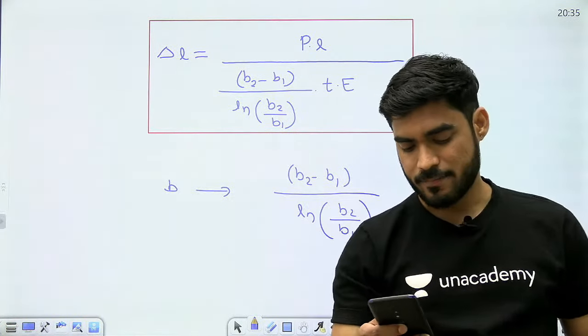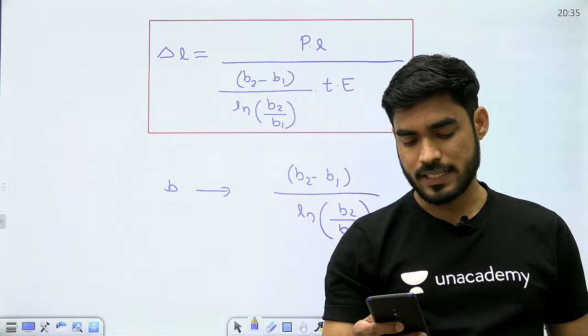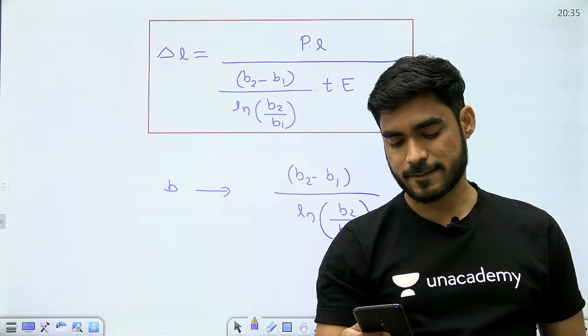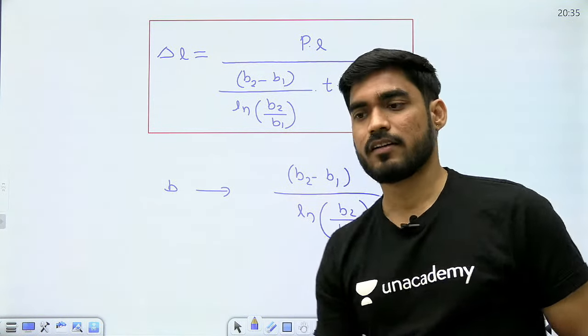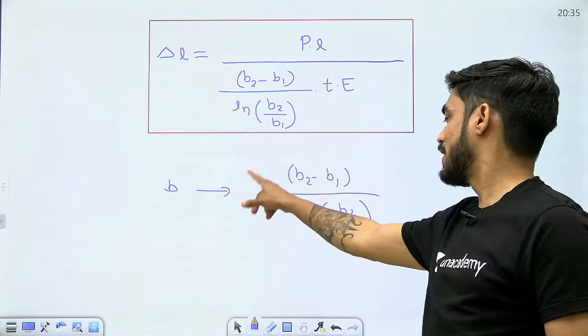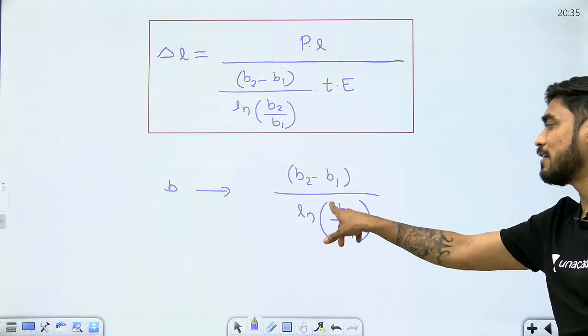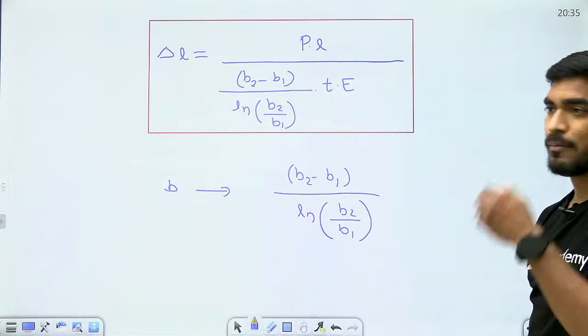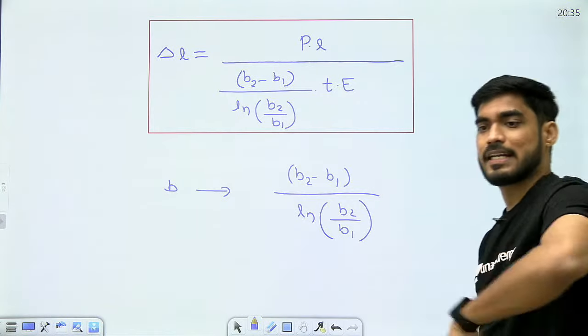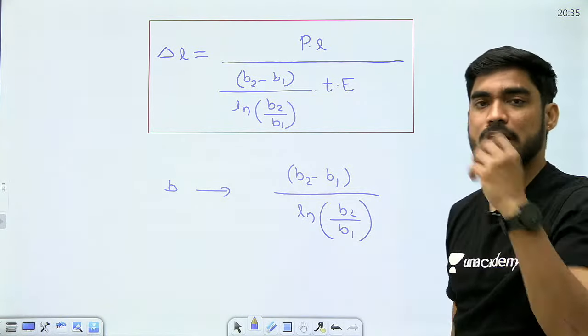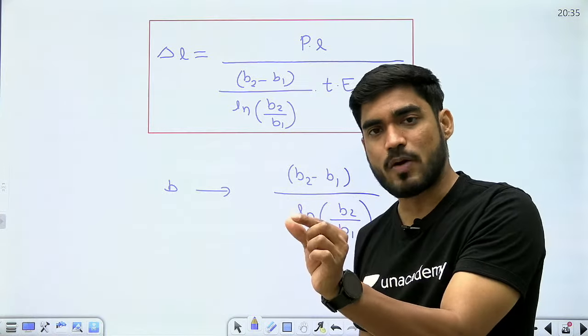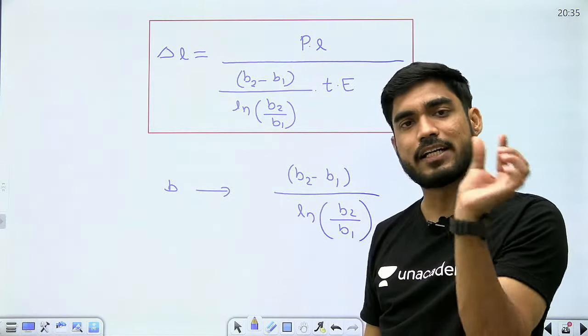Is it clear? Yes, clear. b will be replaced by (b2 minus b1) by natural log of (b2 by b1). So in case of a circular tapered bar, how can you remember the formula? Replace d square with d1 into d2.